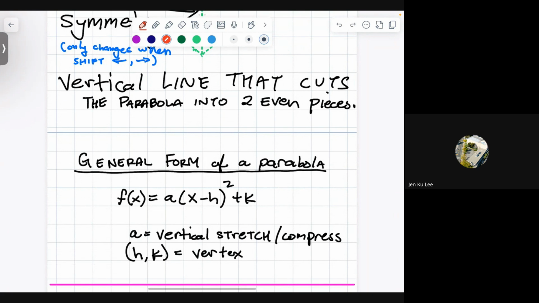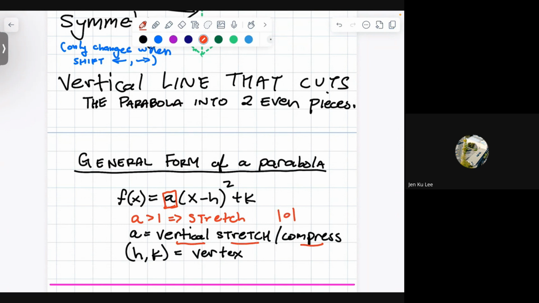Notice that my a value is on the outside, and we're multiplying my parent function, so that's going to be a vertical stretch or compress depending on what a is.